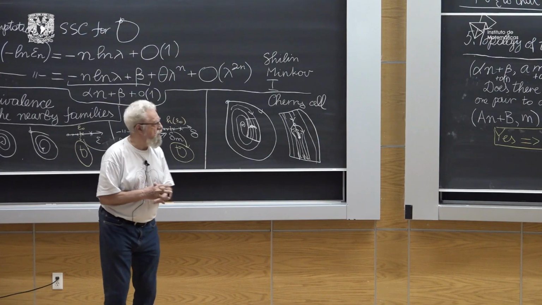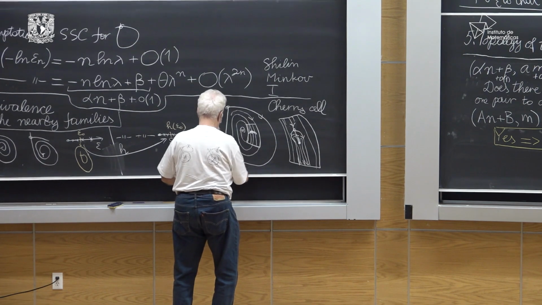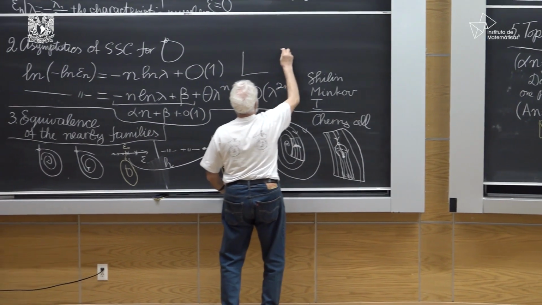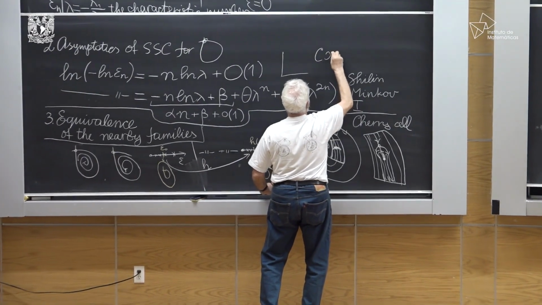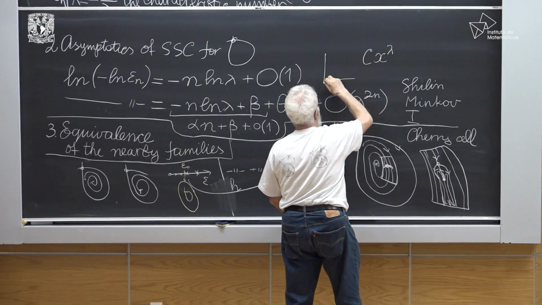It is a coefficient. You have a map C to X over lambda. You can see lambda geometrically.